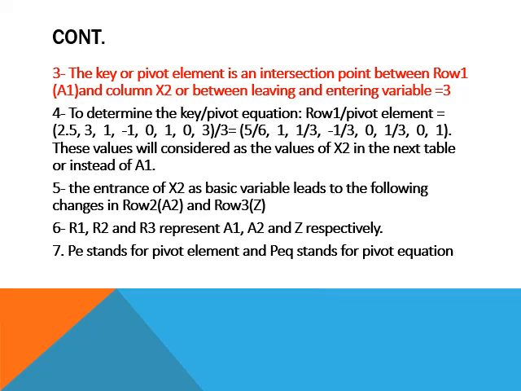To determine the key or pivot equation, this is the main equation, plays a significant role in the process of finding the optimal solution. To determine the pivot equation, we need to divide row 1 over the pivot element.